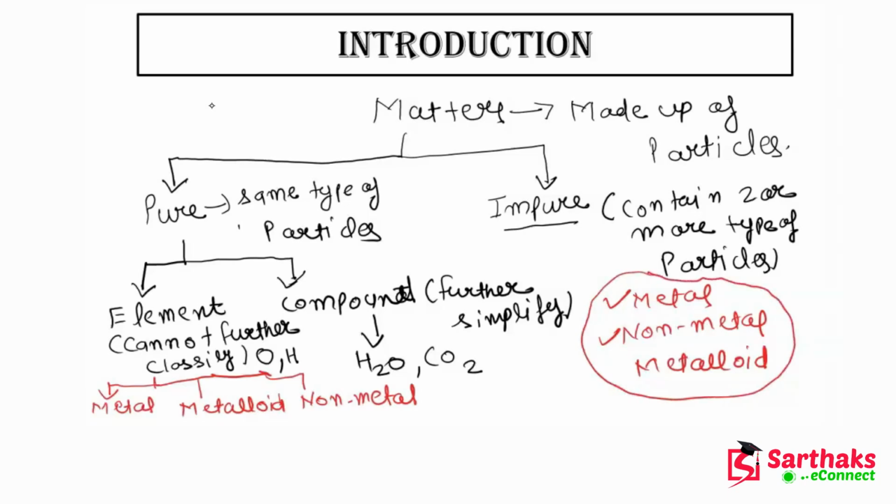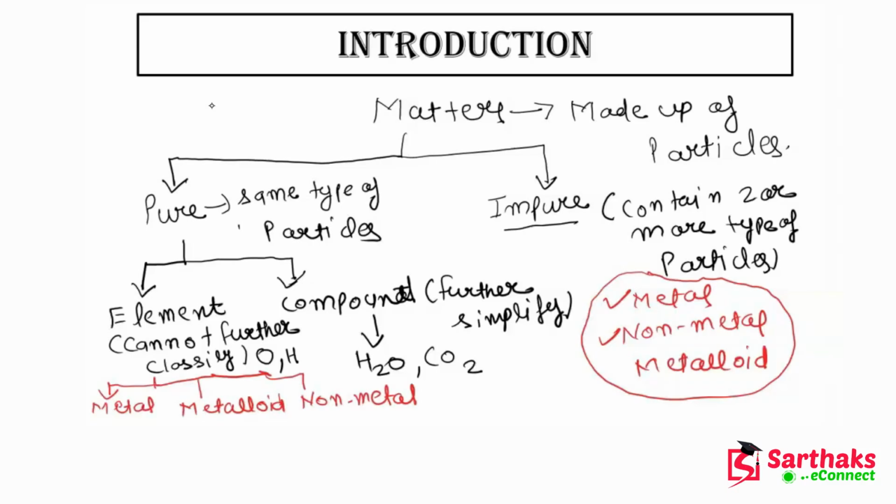Now guys, for your information, metals are found in abundance in nature. When in chapter number 5 we discuss the periodic table, you will see that there are more than 90 metals.